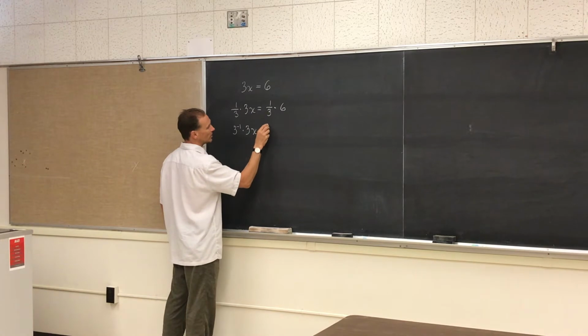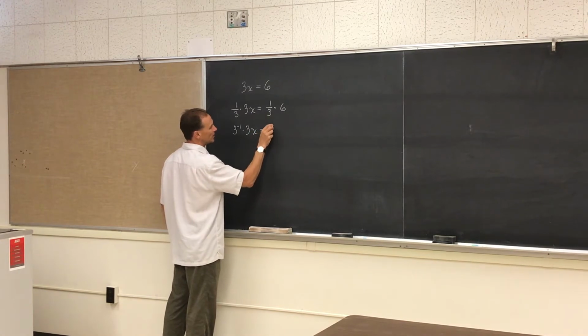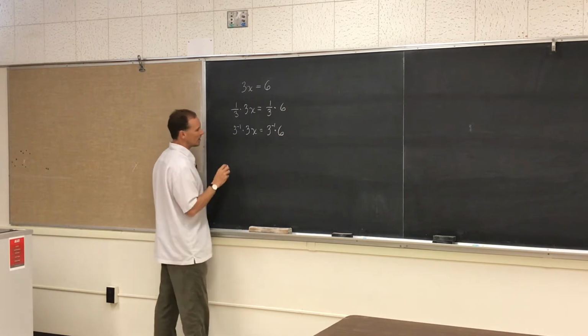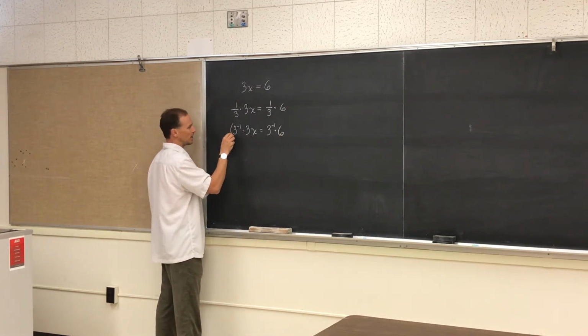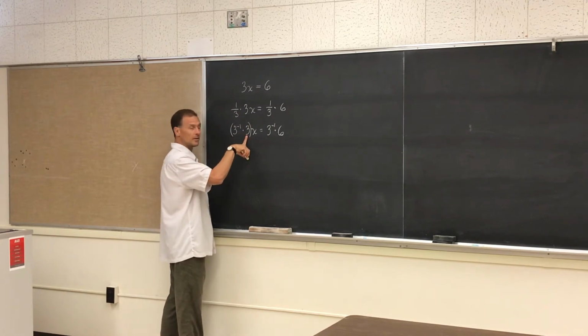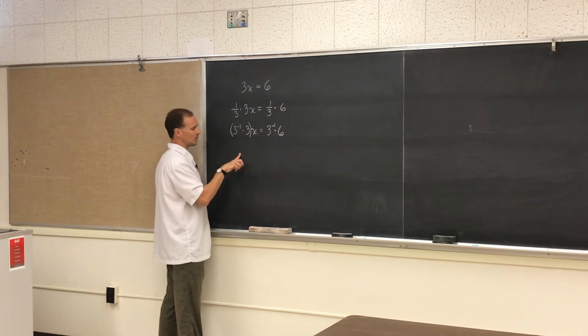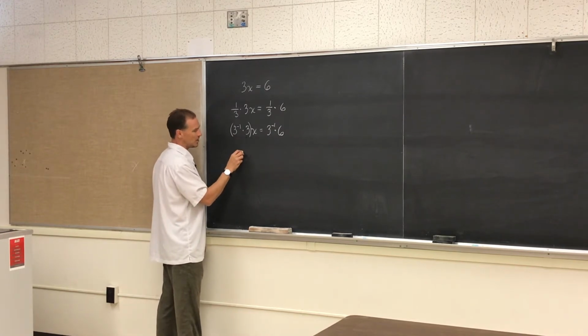And again, the 1/3 is 3 to the minus 1 times 6. Now, look at what happens right here. When you take a number and you multiply it by its inverse, you get what's called the multiplicative identity, which we know is 1.